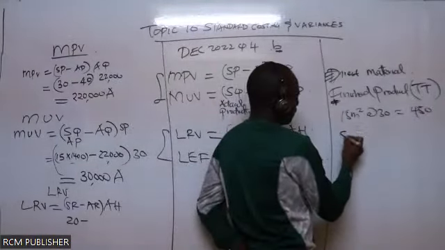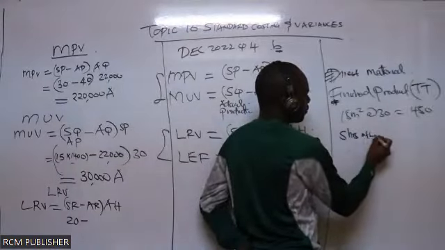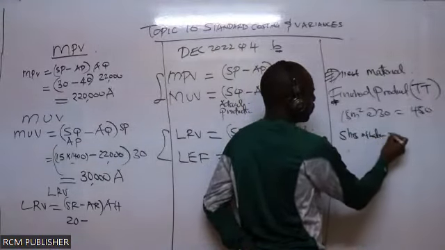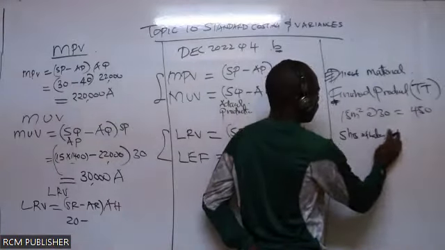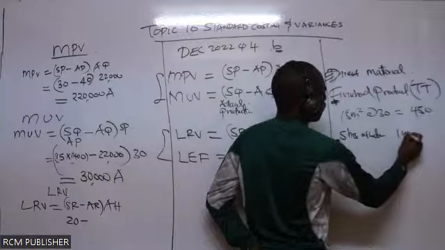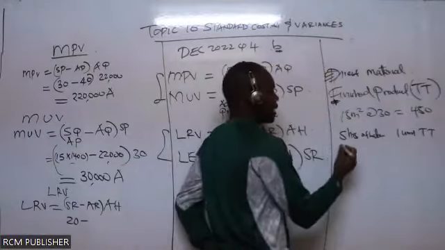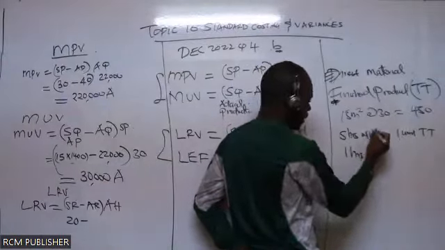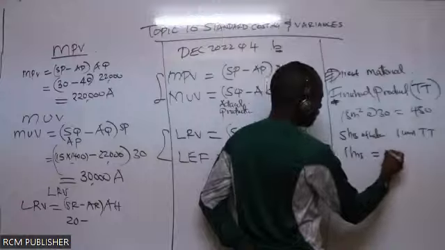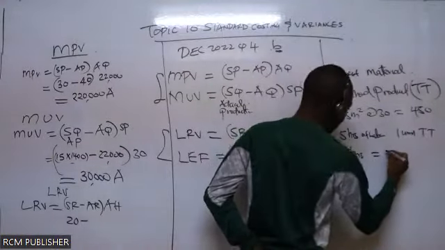5 hours. We need 5 hours of labor to produce 1 unit of TT. But for 1 hour of labor, they are going to charge us, is it 20 shillings?